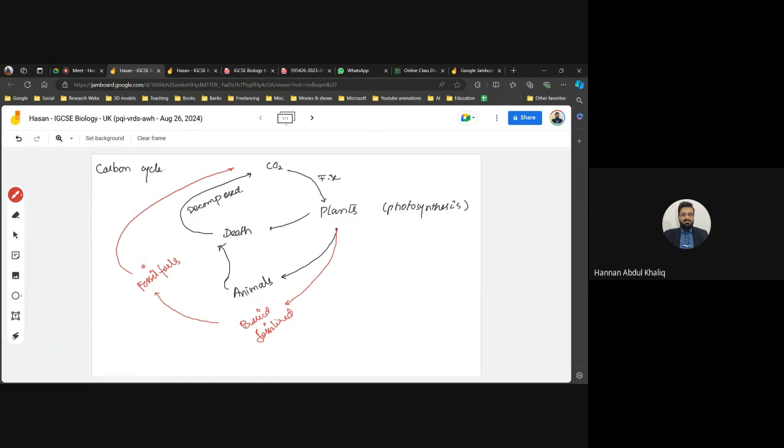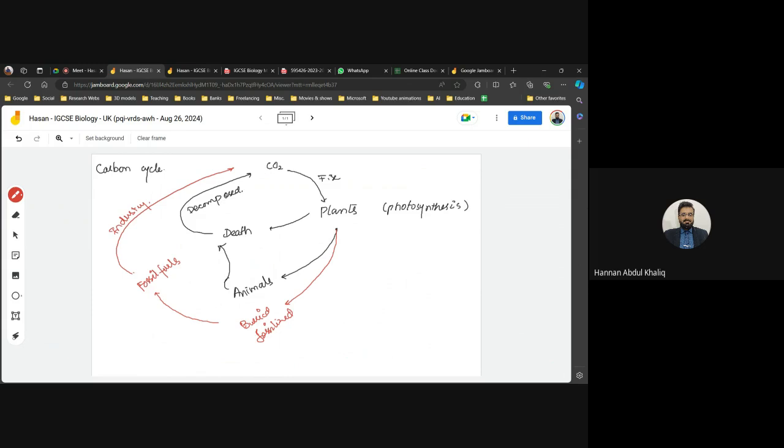You can use them in any industry, like automobile or any other industry, but yes, it does happen. So it's that simple. The carbon cycle is that simple. It begins and it finishes.